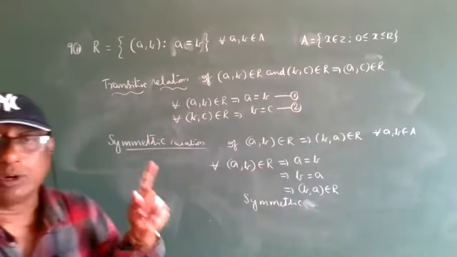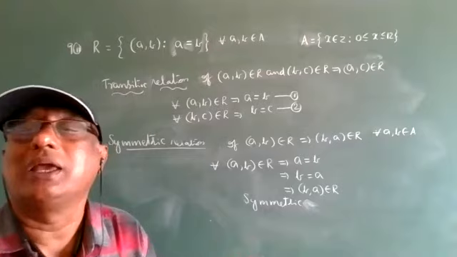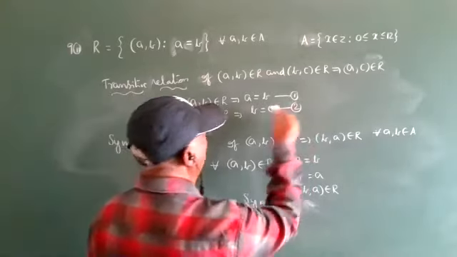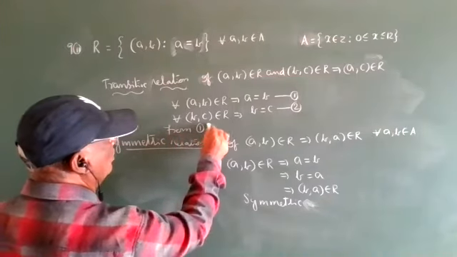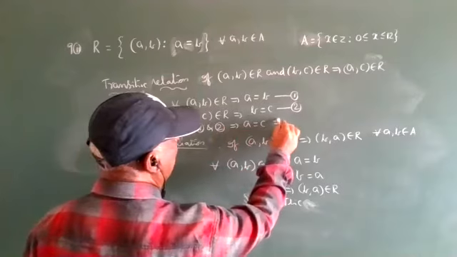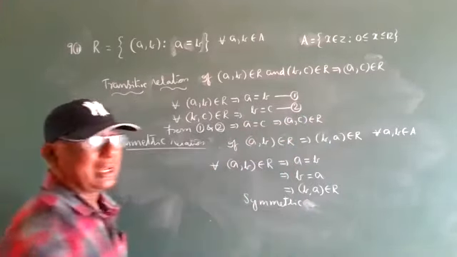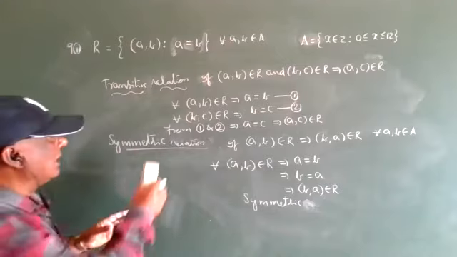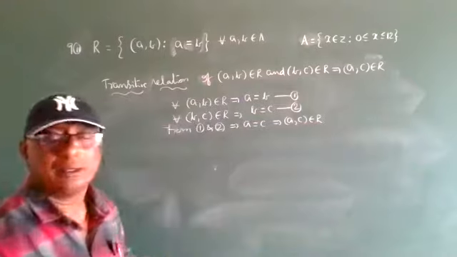From 1 and 2, A is equal to B and B is equal to C means A is equal to C. That implies A comma C belongs to R. Therefore, transitive. So all are equal, which means it is an equivalence relation.